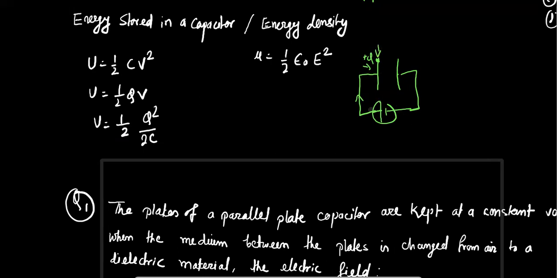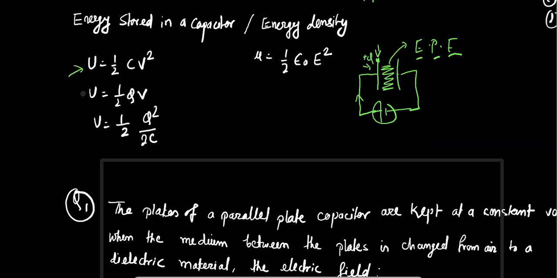Okay, that's why this kind of work is stored in between these two plates of the capacitor as electric potential energy. So that is known as electric potential energy. Okay, so we can say that the work done by the battery to deliver charge to the capacitor is stored in the form of electric potential energy.